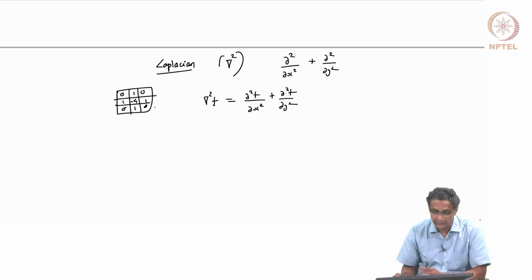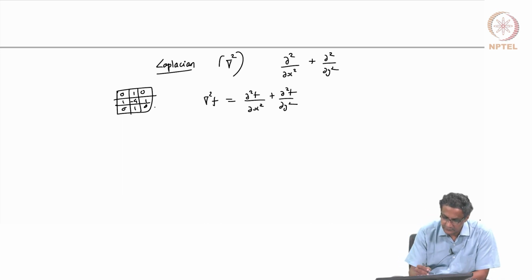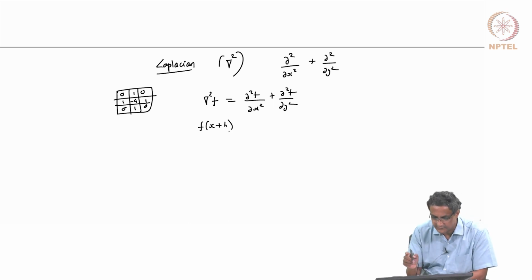Now, there are different ways to explain this, and one way is simply to use a Taylor series. If I had f of x plus h, of course this is a discrete case, but first let's take a continuous case.